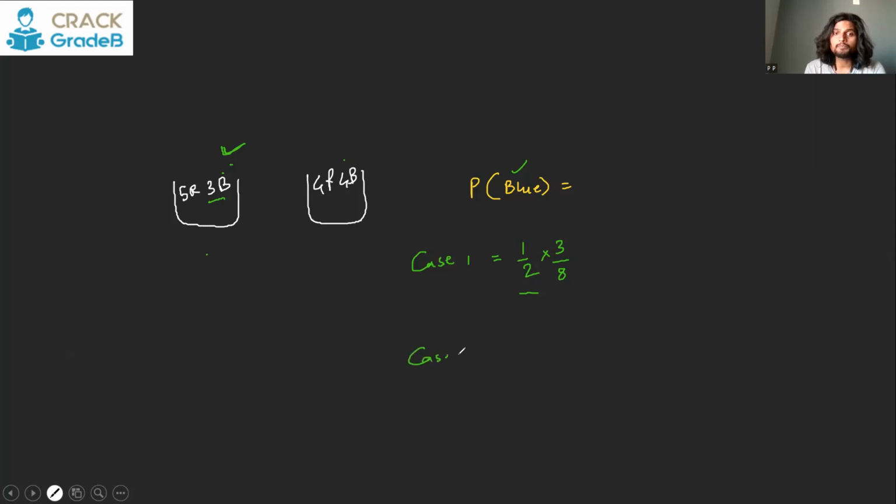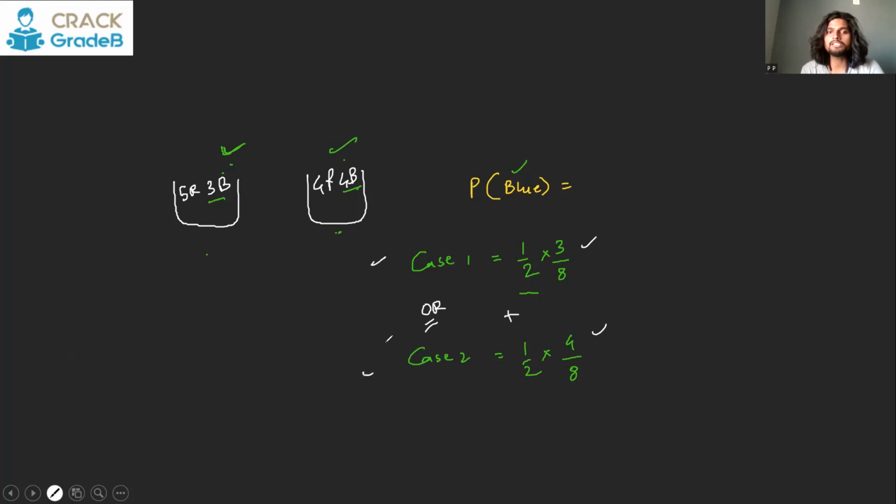And case 2, you are drawing this bag. So the probability of selecting this bag out of these 2 is going to be half, and selecting blue out of it is going to be 4/8. And whenever you make cases like this, you add those, because the cases are always in or with each other.